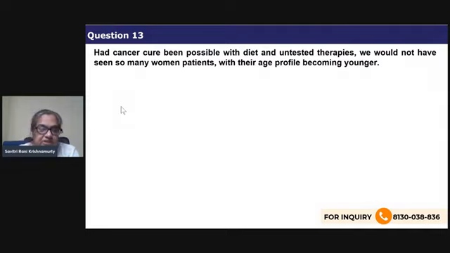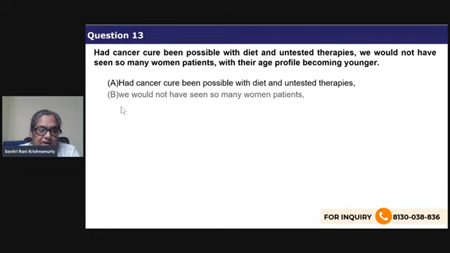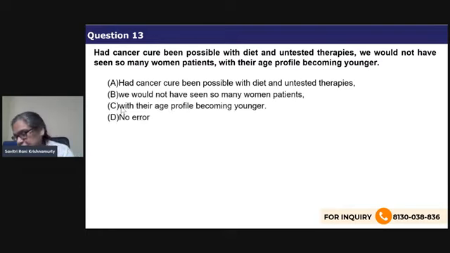Here I will do a little bit of explanation of the sentence structure. Question 13, give me the question number, please, before when you write the answer.